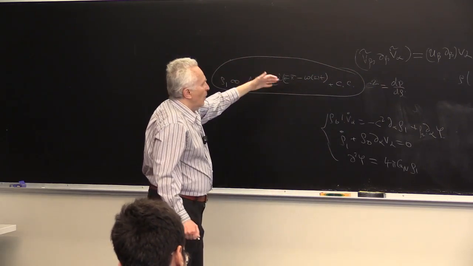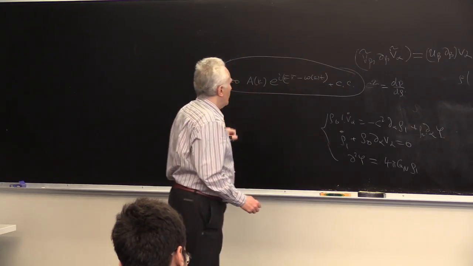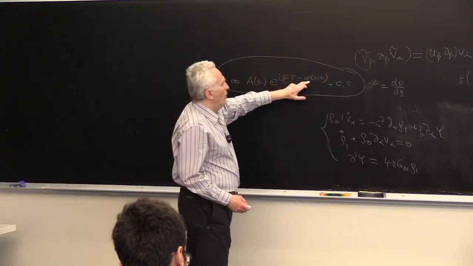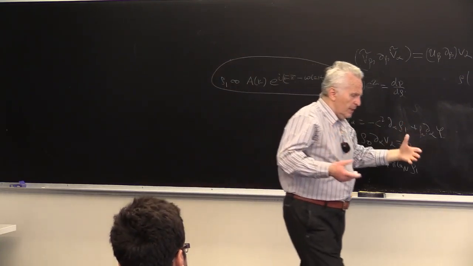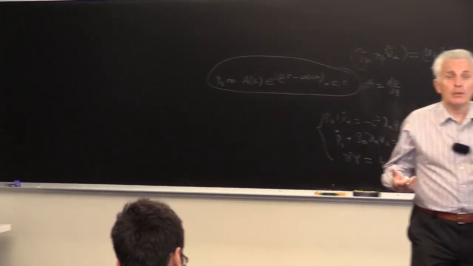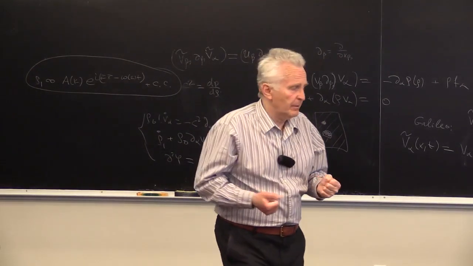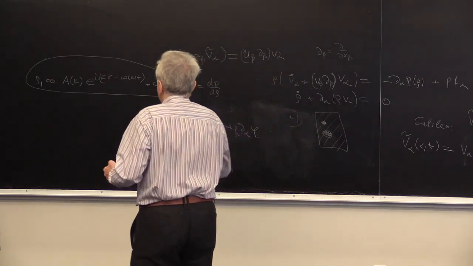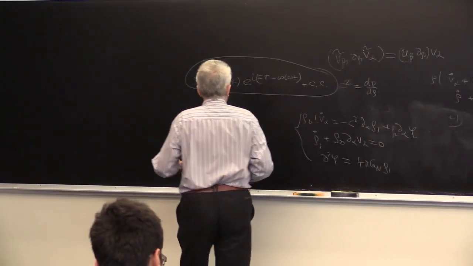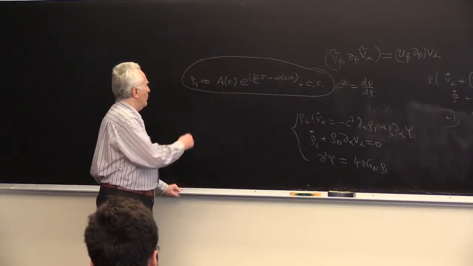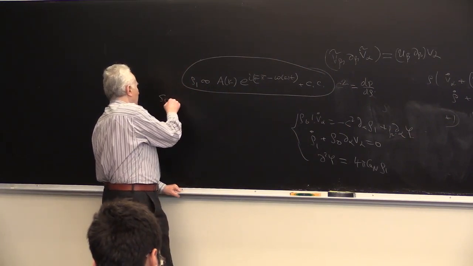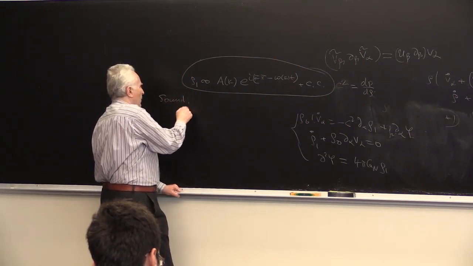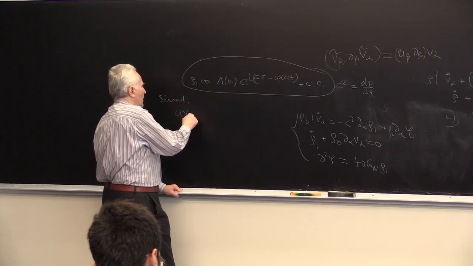With or without gravity, we have this form of the solution, and omega of k, its dependence on k, is sometimes called the dispersion relation. k is a wave vector, and this is for sound without gravity.